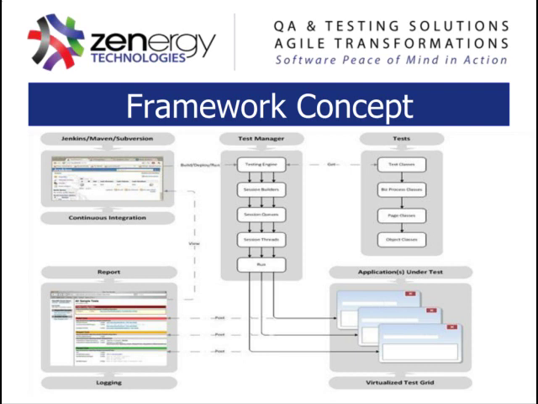But you can see how the test manager can interact with Jenkins. The reason a lot of companies interact with Jenkins is because most companies that have continuous integration will use some kind of tool, and Jenkins is, again, open source. It's a really good tool, and we integrate with it so that anytime there's a build, it will automatically kick off the automation suite that we want to run.